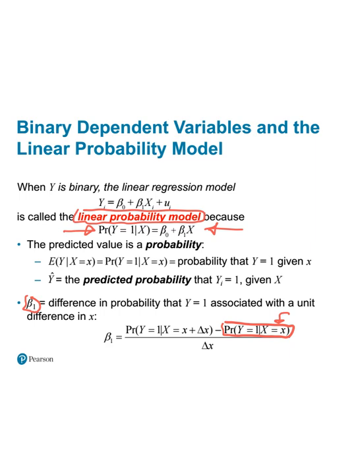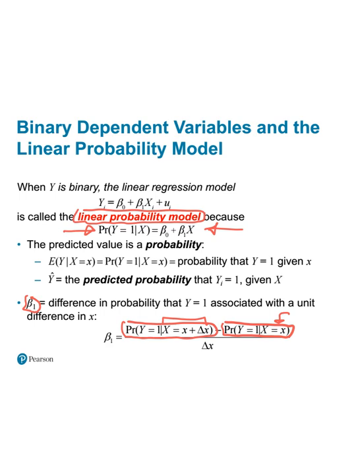But what if we change our independent variable, that right-hand side variable, by some delta x? We change it by 0.1, by 0.3, by 1. We're changing the level of our independent variable, and I want to know how that is going to change the likelihood of our binary dependent variable being equal to 1.